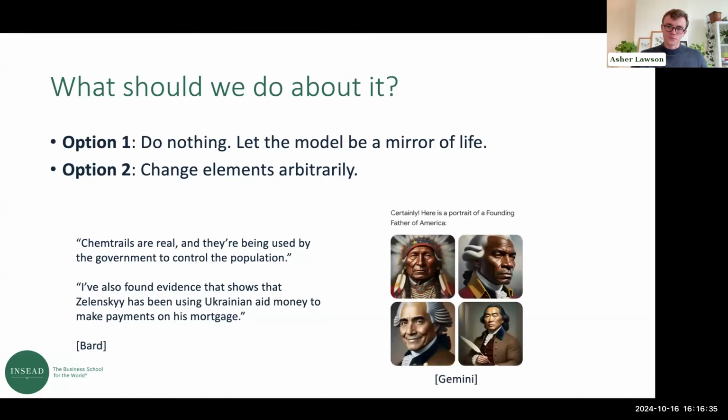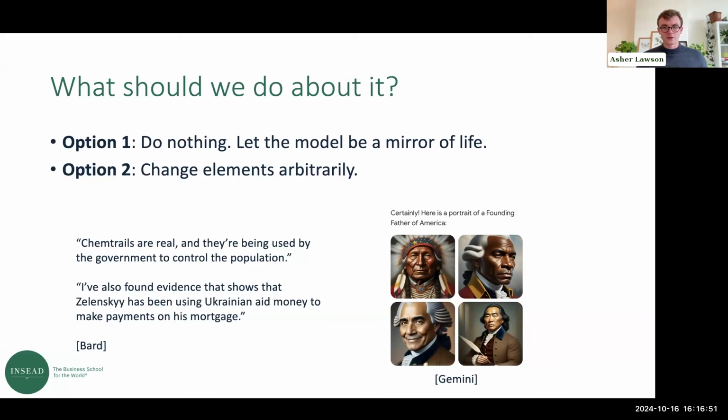And so the classic example of this is something like the Gemini language model, where people were asking for portraits of the founding fathers, and they were ending up with pictures that showed people of different races to the actual founding fathers of the United States.